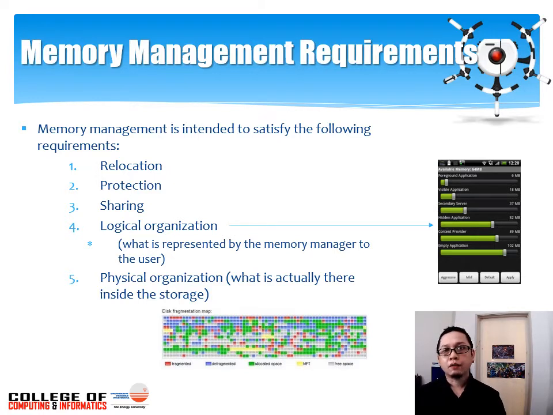For example, we have the pie chart of the memory availability where we see how many percent of memory is already available. On the other side, we have the physical organization, where we have the actual location of the memory that is scattered around in the main memory.